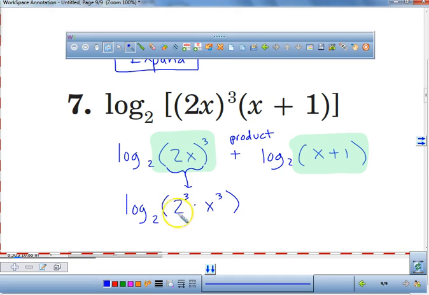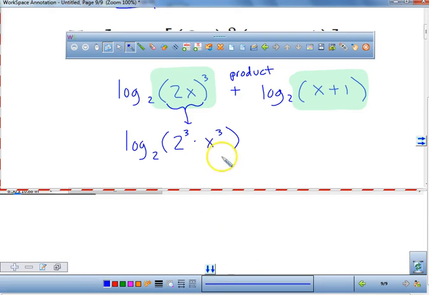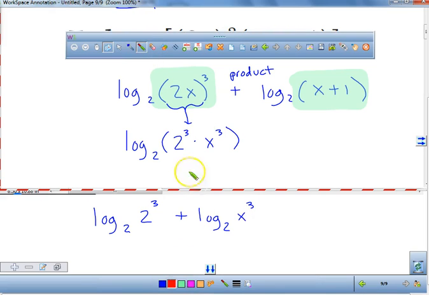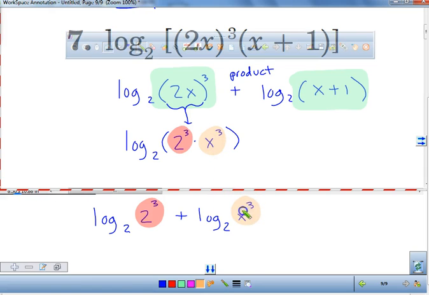So right now I want you to separate those two, and we're going to do the product property one more time because these are being multiplied together. So technically you can write log base 2 of 2 to the power of 3 plus log base 2 of x to the power of 3. So this goes right here, and this x cubed goes right here.